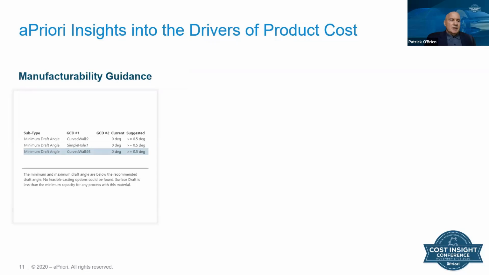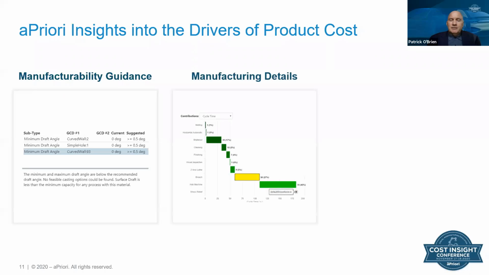So manufacturability guidance. Stan sort of talked about this as design issues and outliers, and providing that information early in the design cycle to design engineers is invaluable in helping them understand what things are driving costs and avoiding that cost down the road. And manufacturing details.